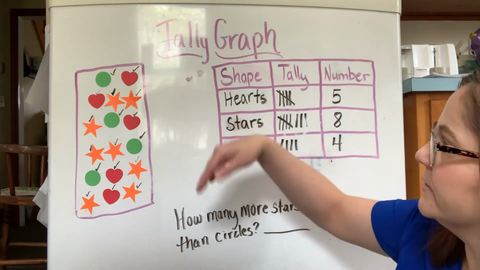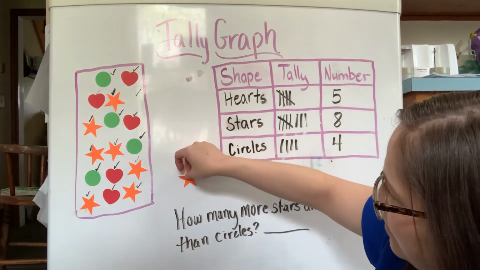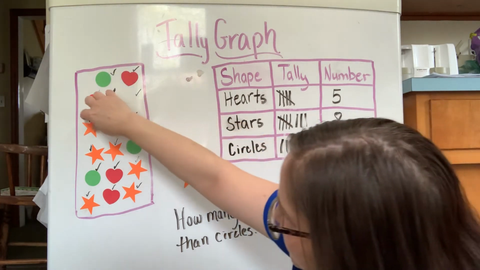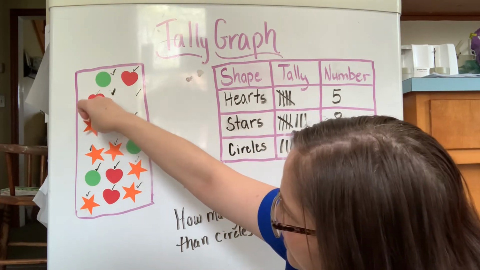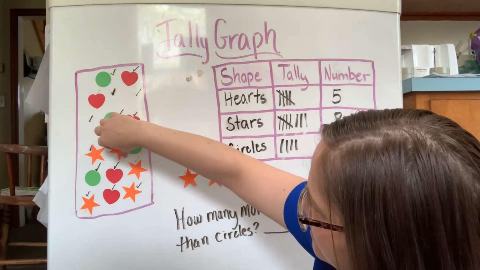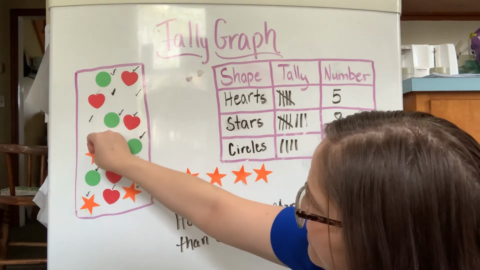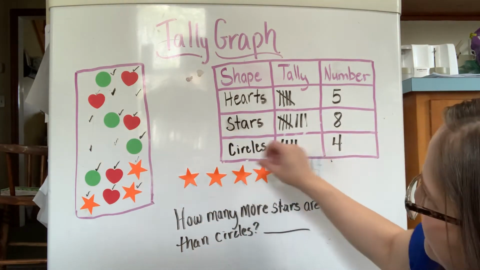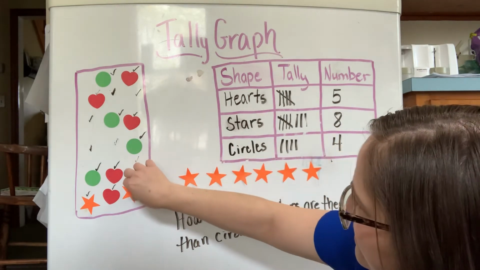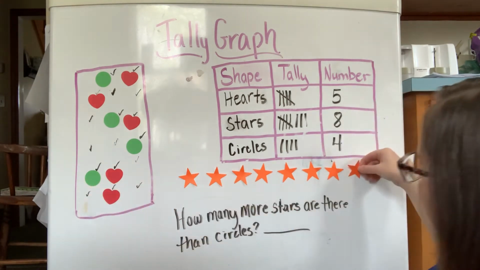So I'm actually going to pull the stars and circles out. So check this out. If I pull these stars out, we have 1, 2, 3, 4, 5, 6, 7, 8.